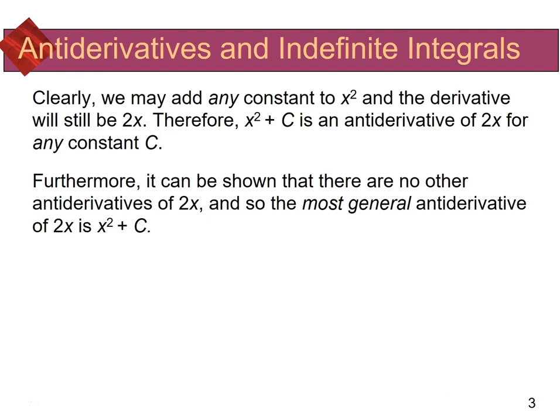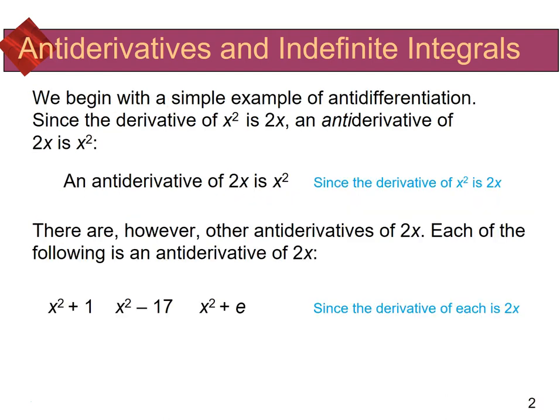When we take an antiderivative or we do an integral, if I look down here at the bottom, each one of these, if I took their derivative, would be 2x. So if I take the antiderivative of 2x, I'm going to get x squared, but it could actually be any one of these three things, or more, an infinite number more.